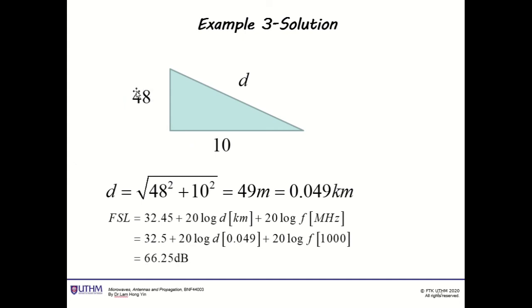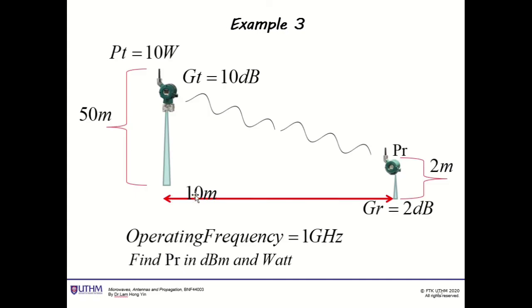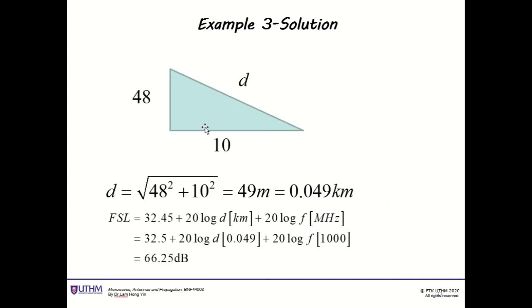So 48 is the length, 50 minus 2 meters, so you get 48 meters, and then the horizontal distance here is 10 meters. So you get D here, which is basically 49 meters.